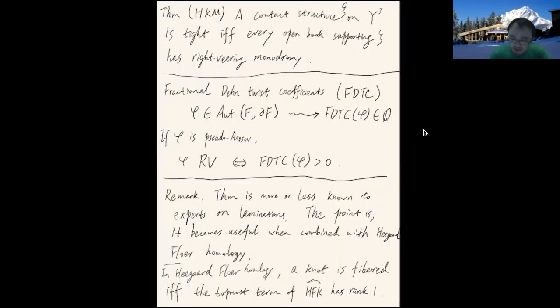And then you use Honda, Kazez, and Matić's theorem, and you can say something about right-veering.